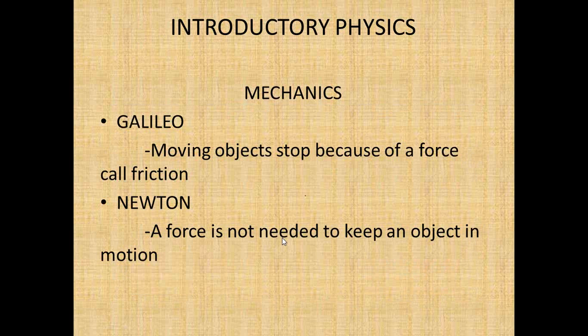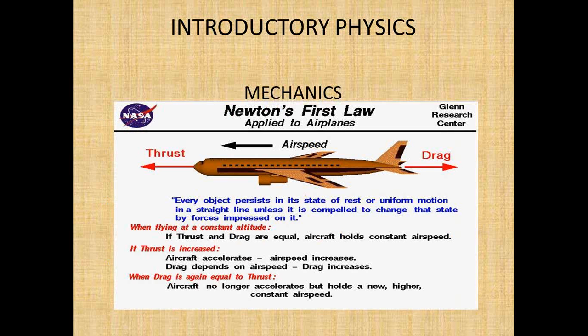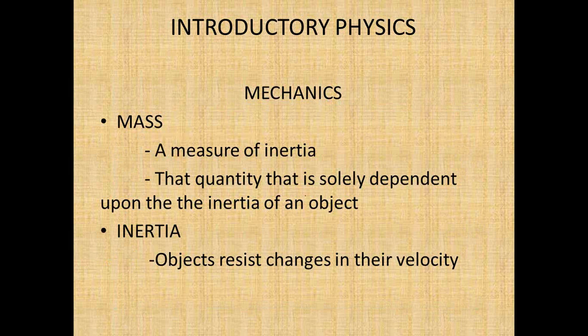Force is equal to mass times acceleration, and we'll come to that in Newton's second law. If you have no acceleration, you have no force. So no force is needed to keep an object in motion. These are just other explanations of Newton's first law.